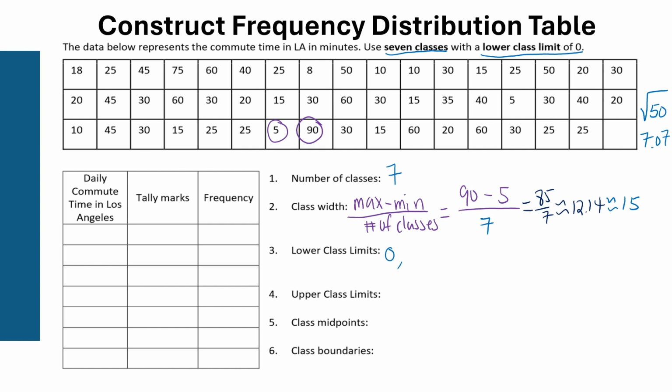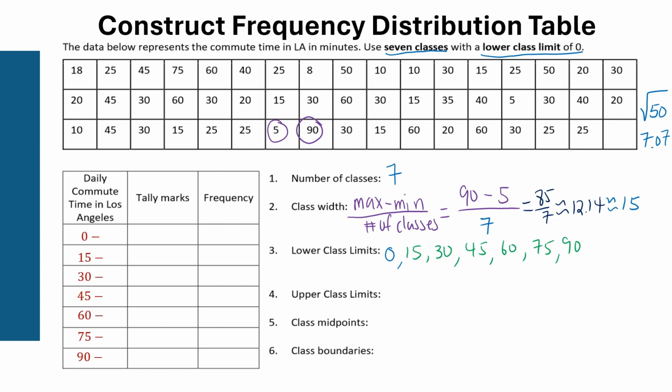So after 0, we have 15, 30, 45, 60, 75, and 90. I know I need to stop at 90 because I only want 7 classes, so I should only have 7 lower class limits. You list them vertically in your table.